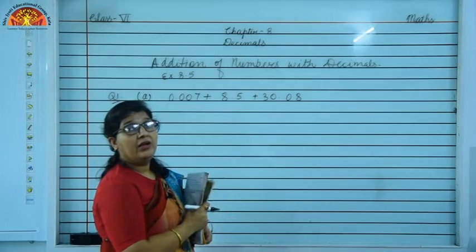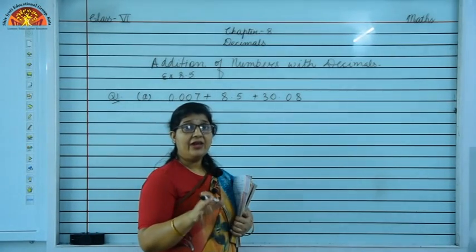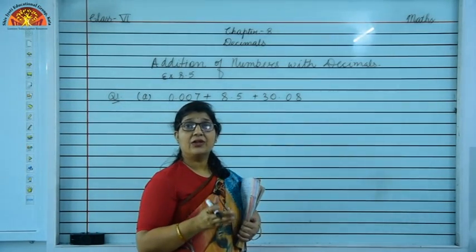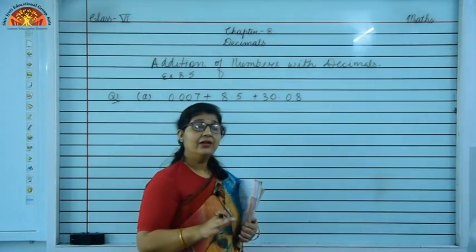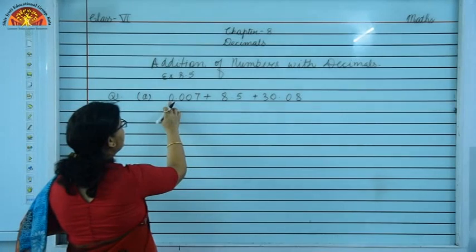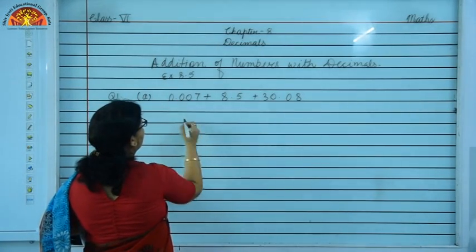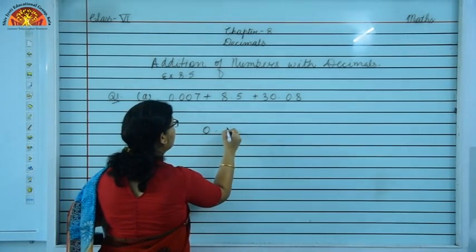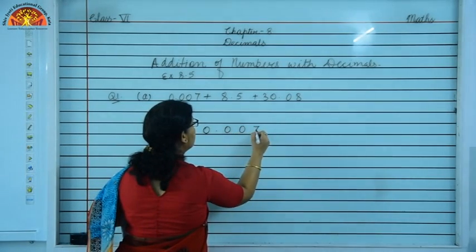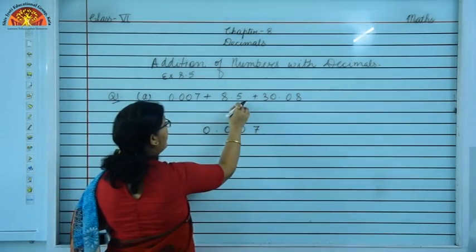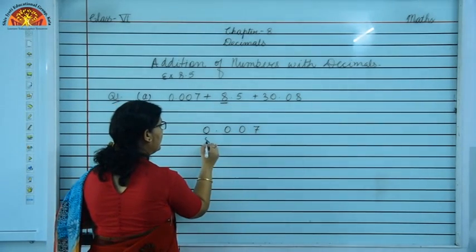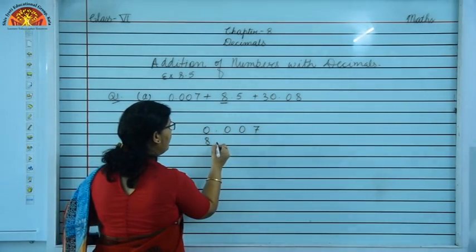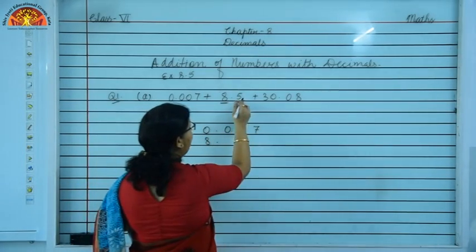Students, in the same way we arrange these numbers according to their place values and then we finally add the numbers. So this is 0.007. So we write 0.007. Now this is 8.5. So 8 is at ones place. So we write 8 here. We put decimal below decimal and 5 at tenths place.